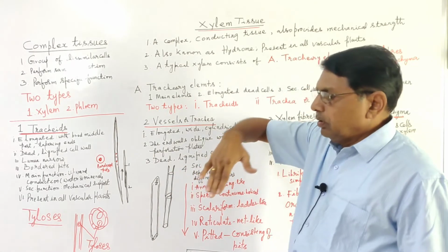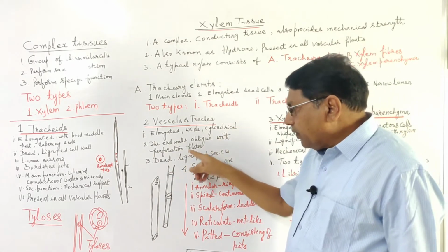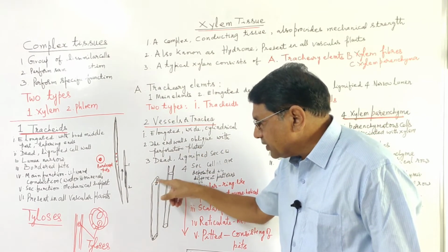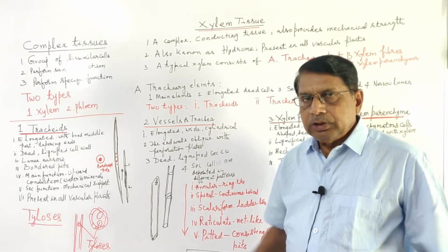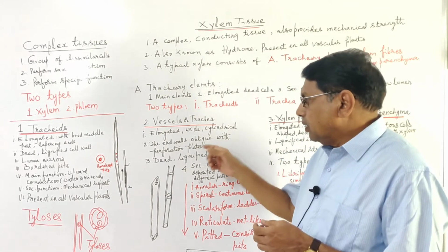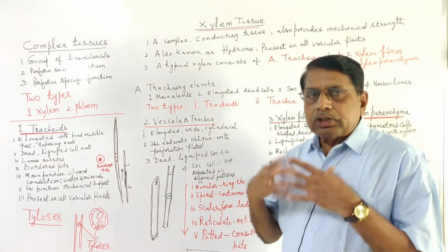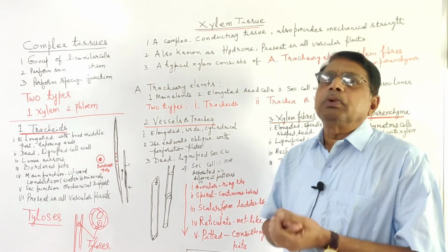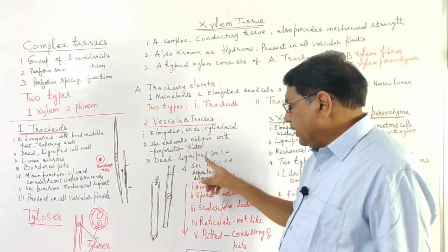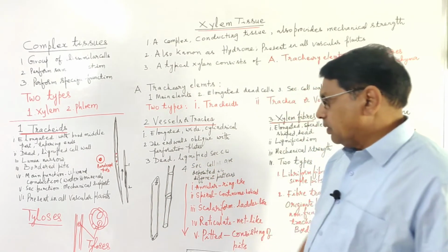Oblique with perforation plates. Here, the perforation pits are present. These pits on the oblique walls, the plates, may be simple or with multiple pits. Dead, lignified secondary cell walls.